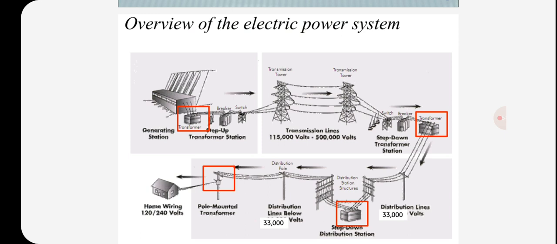The electric power is generated by generating stations like hydel, thermal, nuclear, solar or anything, at a voltage of 6.6 or 11 or 33 kilovolts. This power is to be transmitted over long distances to supply various consumers in villages, towns and cities.